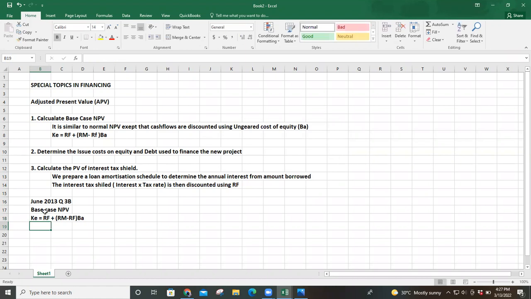Unfortunately, we've been given the BE. We know that BE equals BA times, we open the brackets, value of equity plus value of debt adjusted for tax, so 1 minus T, close the brackets, and everything divided by value of equity.